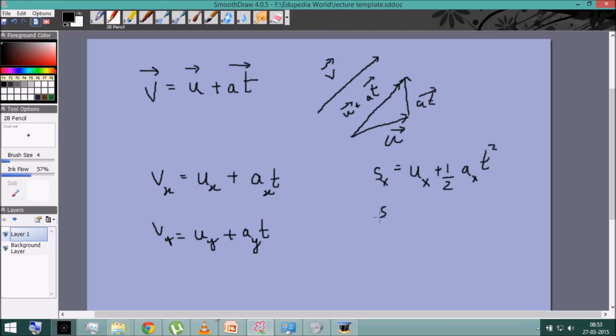These two equations come from this particular equation, saying that these two vectors are equal, so their components along the x direction should be equal and their components along the y direction should be equal. So we see a very nice result, which is the x components of the velocities and the acceleration follow a simple equation vx is equal to ux plus ax times t, and the y components follow the equation vy is equal to uy plus ay times t.